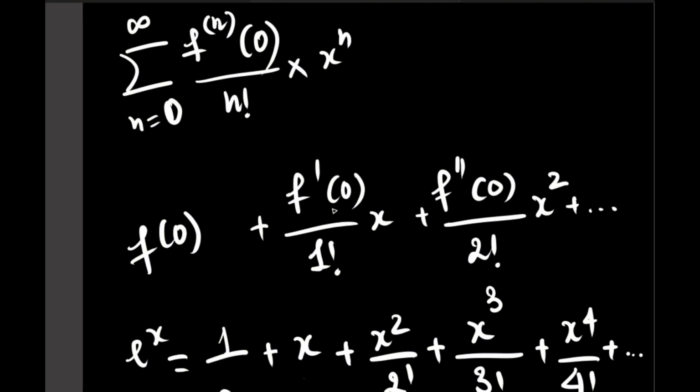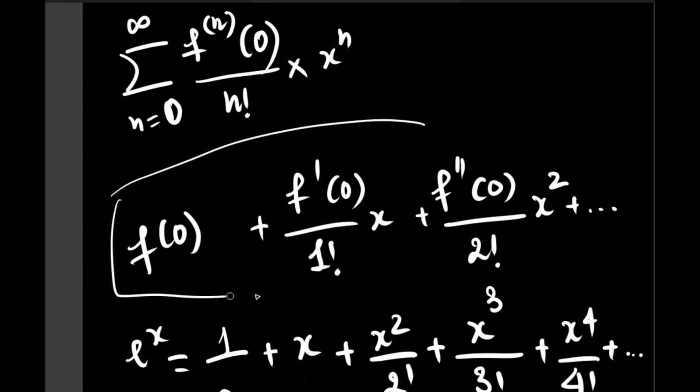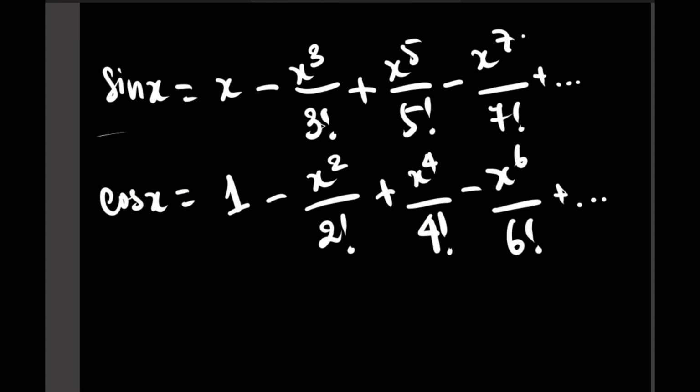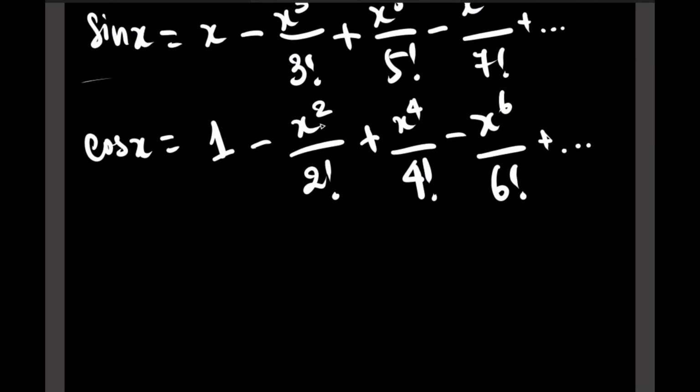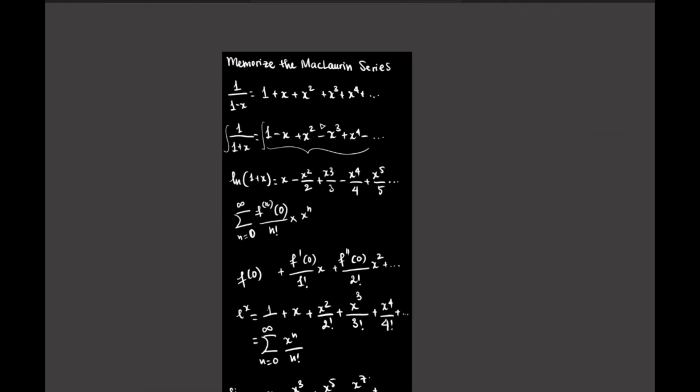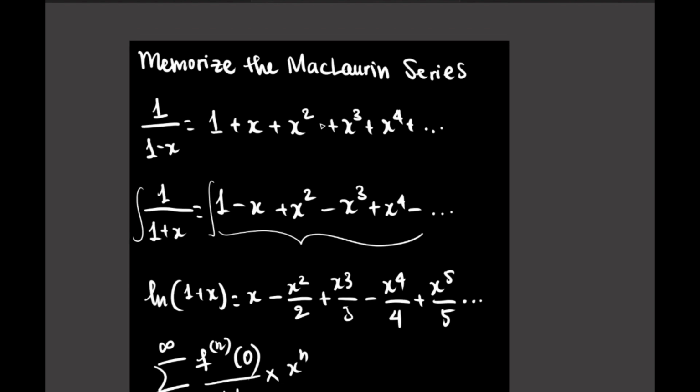I think the easiest way to memorize the MacLaurin series is to memorize the formula, but if you know how to write the MacLaurin series for these common functions, that's going to be much more convenient. So these are the most common MacLaurin series.